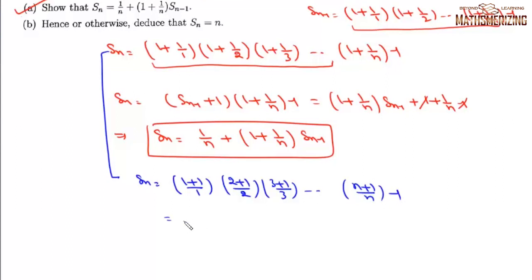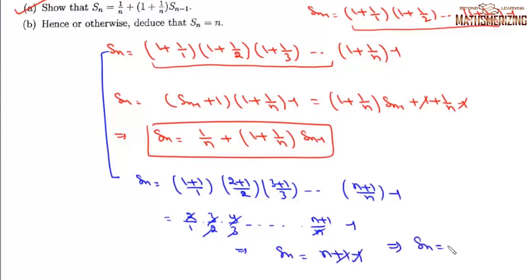Now this is 2/1, 3/2, 4/3, and it goes all the way up to (n+1)/n minus 1. Now this 2 will cancel, 3 will cancel, all these terms will cancel. We'll get this Sn as n plus 1 minus 1. This 1 and 1 will cancel. So we can write Sn is equal to n, which is what we need to prove in this second part.